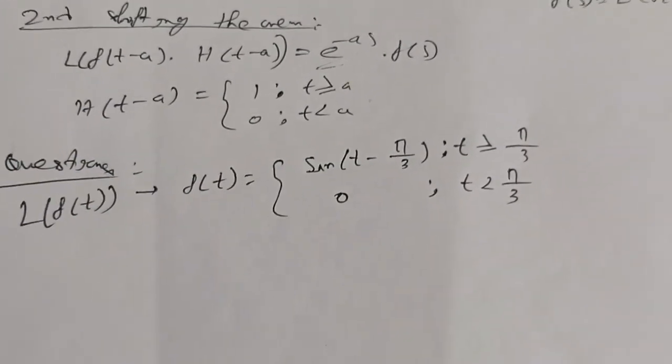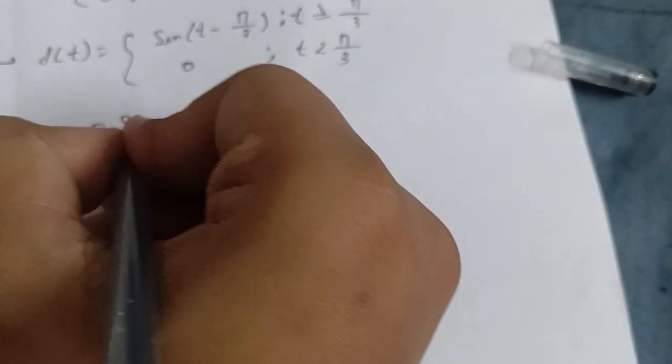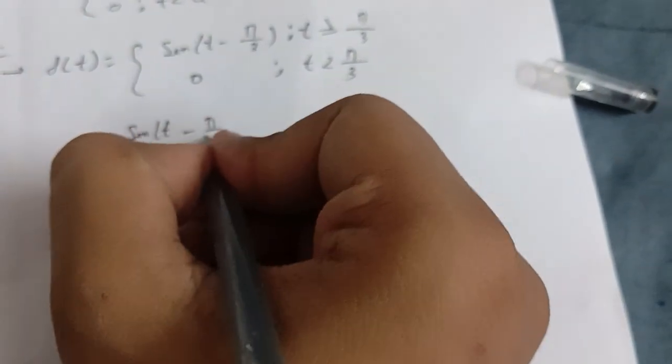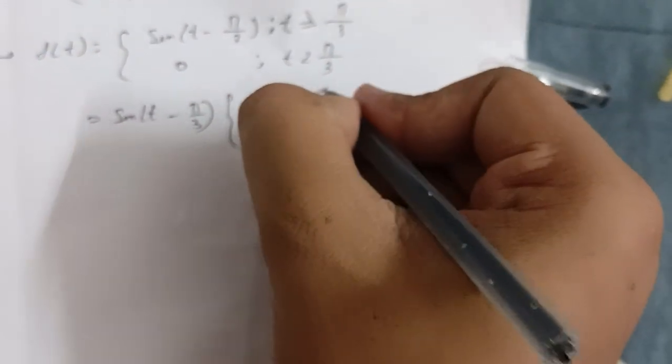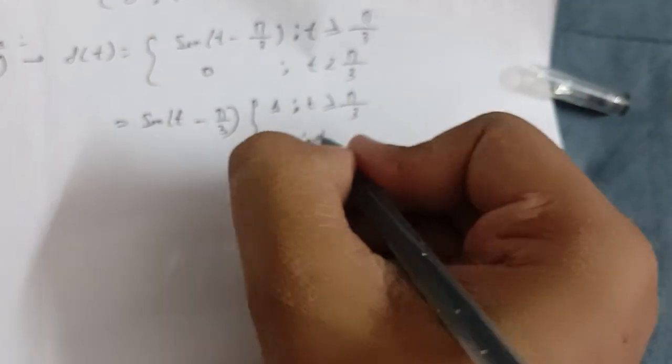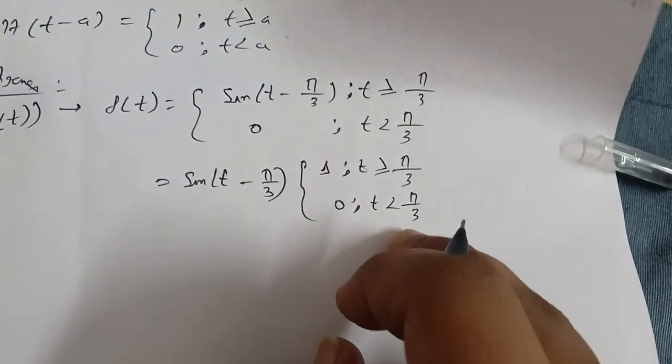So how will we do it? It looks like a unit step function, but how? If we take sine of t minus pi by 3 common out of this piecewise defined function, we get 1 when t is greater than or equal to pi by 3 and 0 when t is less than pi by 3. This part looks like h of t minus a, where a is pi by 3.